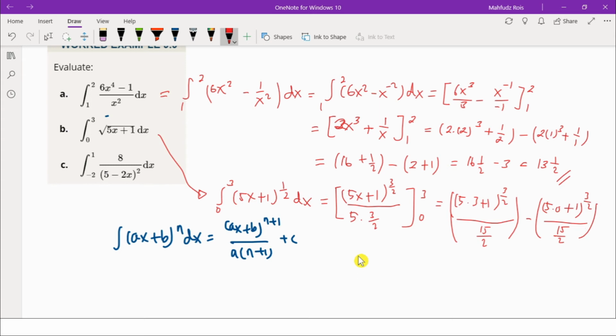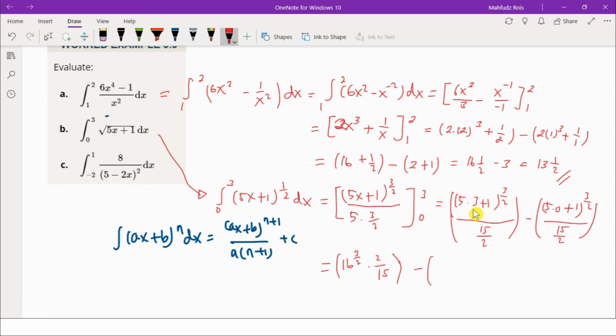And then 5 times 3 is 15 plus 1, 16, so it's 16 to the 3 over 2 times 2 over 15, right? If you divide a fraction, just cross multiply it like this.